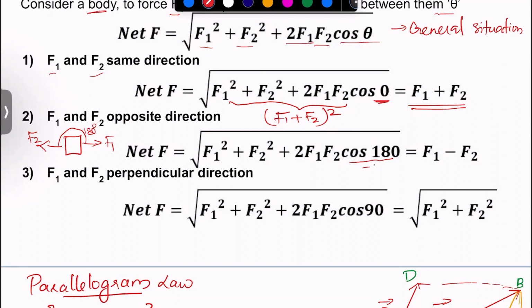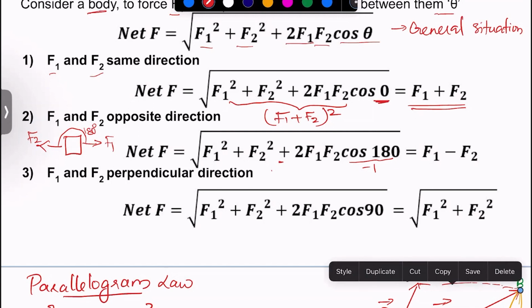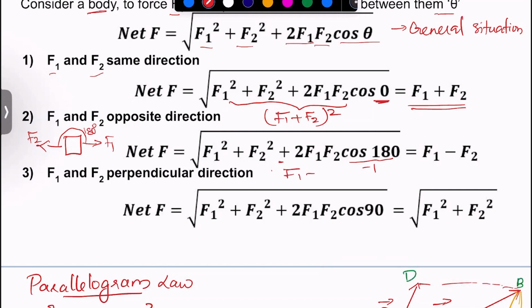Then this will become F1 square plus F2 square minus 2F1F2. Right? That is equal to F1 minus F2 the whole square. So under the square root, this term F1 minus F2 the whole square will become F1 minus F2.